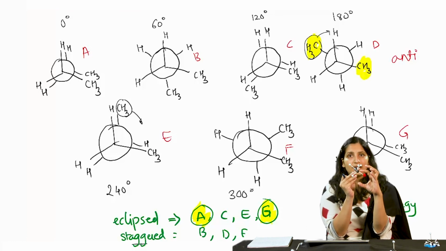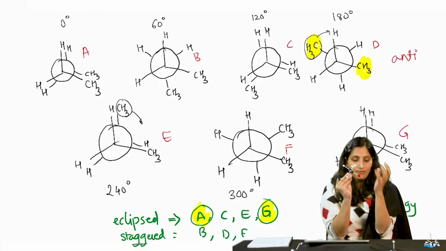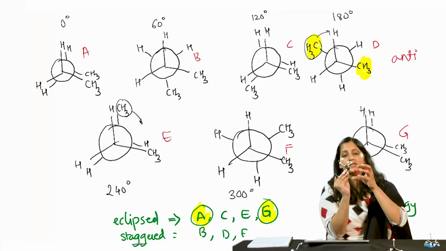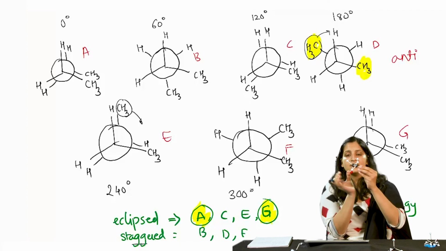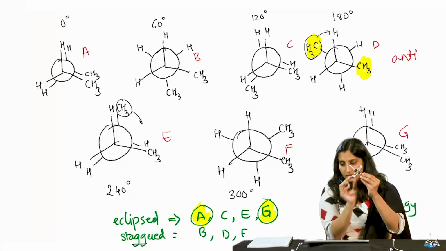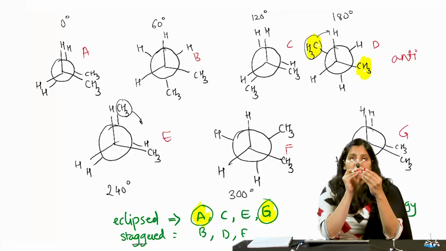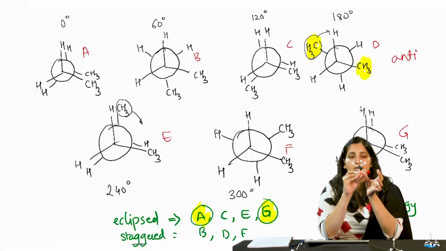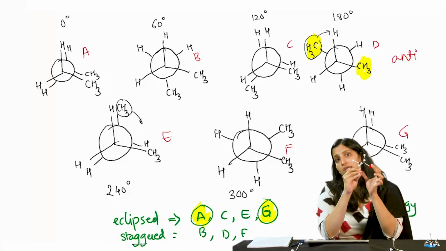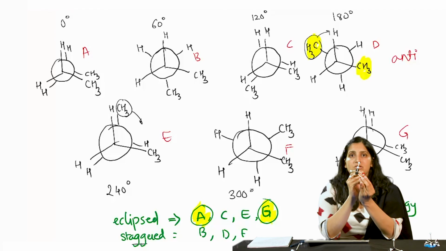Remember, we are not showing the actual methyl group, but if I had to really show it, there would be carbon hydrogen bonds here, and the same way there would be carbon hydrogen bonds here, and they would clash with each other. So, this would experience some kind of steric strain, because I am trying to force this molecule into a conformation, whereas these two methyl groups do not want to be very close to each other. Of course, this energy will be lower than the eclipsed conformation, because in eclipsed there is absolutely no space.